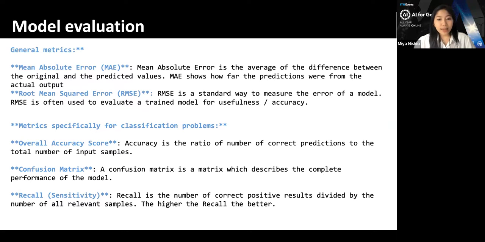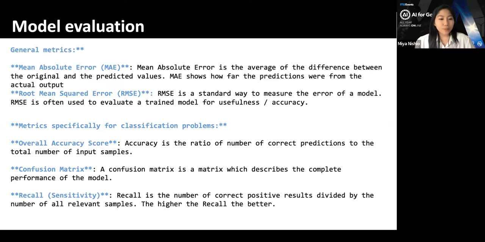The matrix basically allows you to quantify the accuracy of your classification, so how much of the information has been correctly classified or incorrectly classified. This can come in the form of a table, or it can come in the form of a graphical output, for example, a heat map.